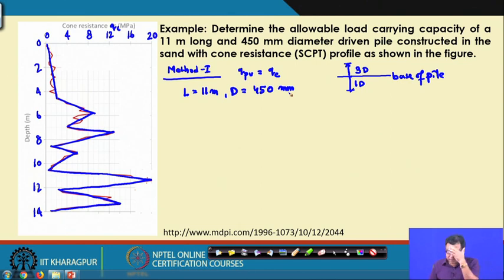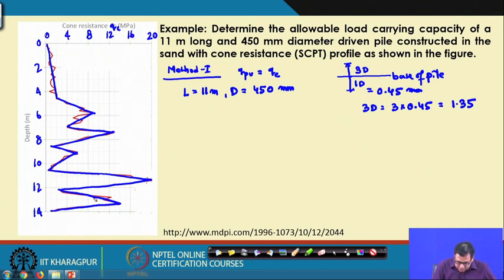So, 1D means 0.45 meter below the base of the pile, and 3D means 1.35 meter above the base of the pile.